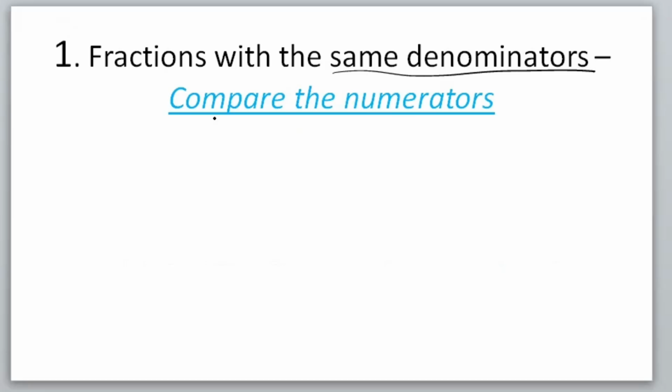If the fractions have the same denominators, how can we compare them? We have to compare the numerators. Bigger the numerator, bigger the fraction.